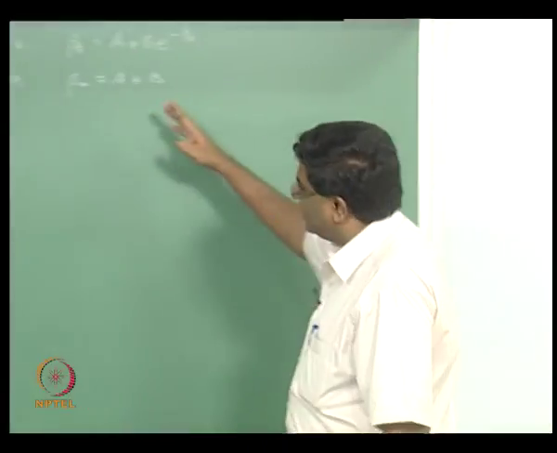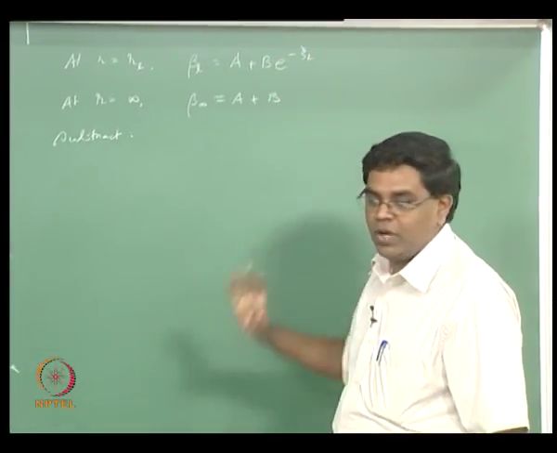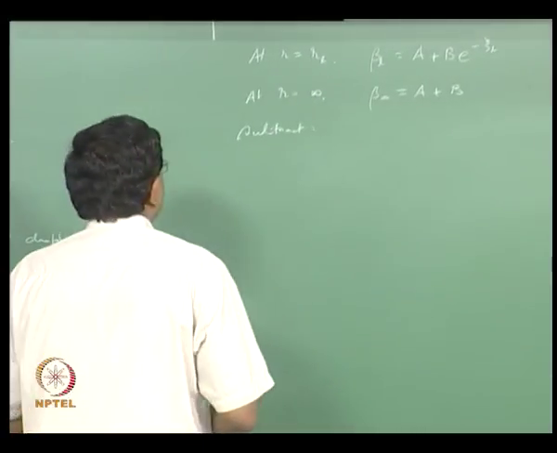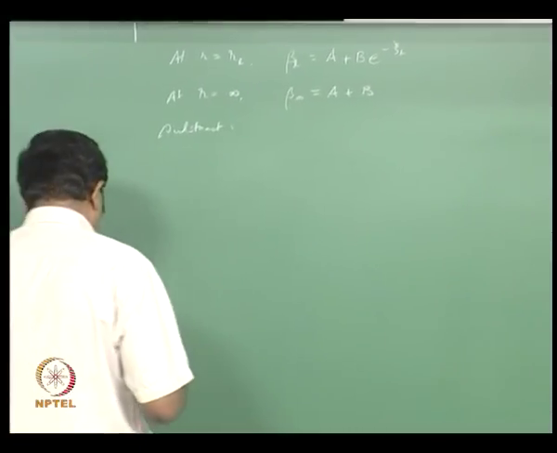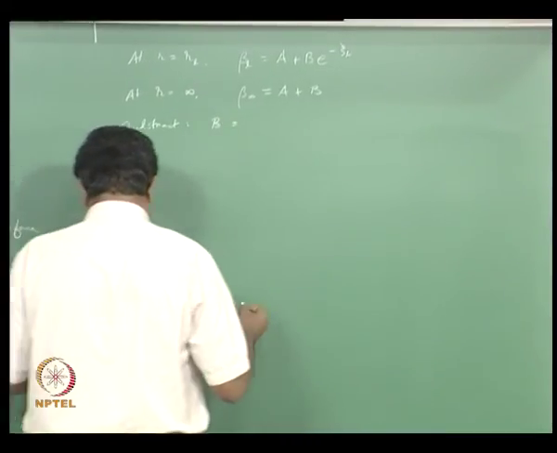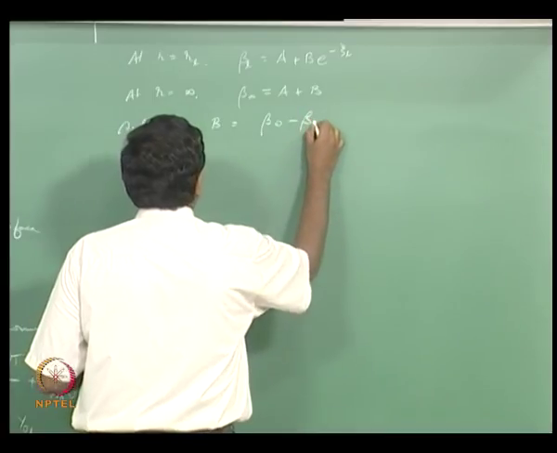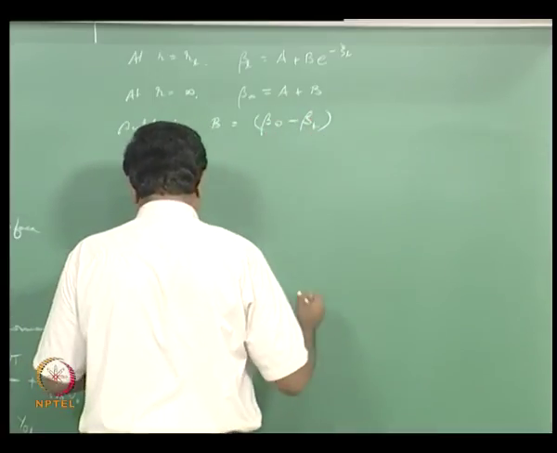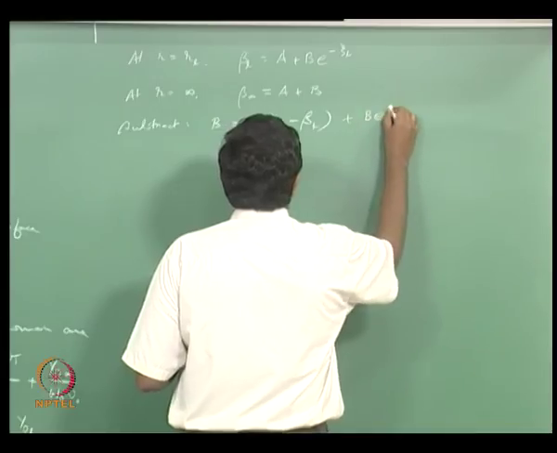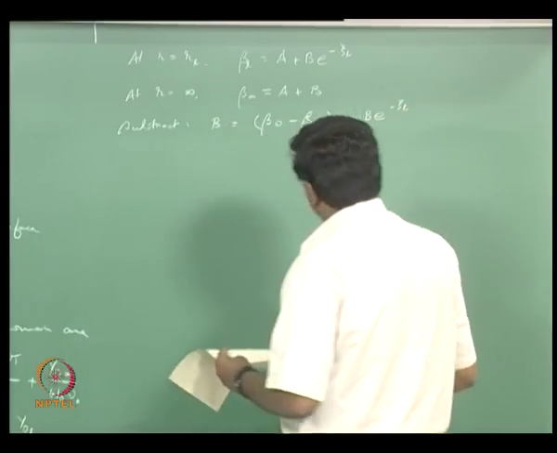That means at the moment we can just subtract these two, get rid of the a. We are not going to bother about evaluating it for ourselves, and we simply get b equals beta infinity minus beta L plus b e to the minus psi L, right?